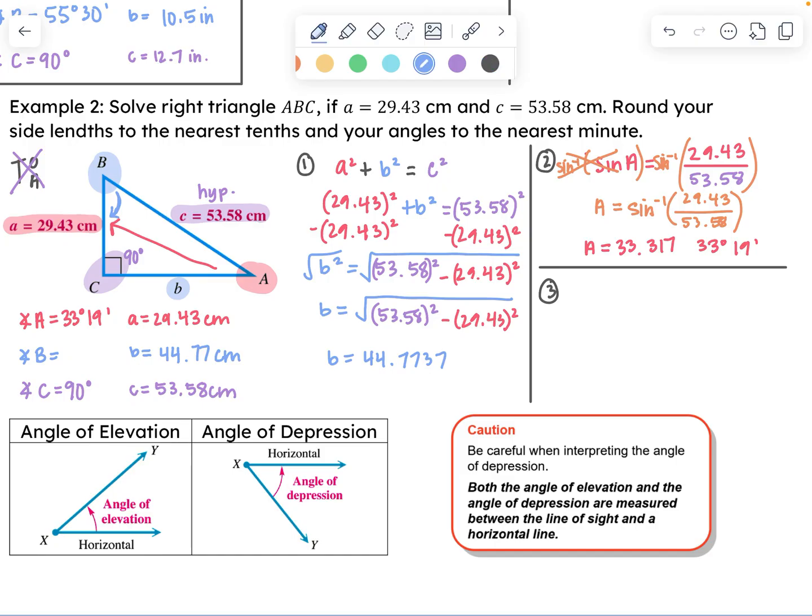So I'm going to say that the cosine of B is equal to that same 29.43 over 53.58. And I'm going to do the same inverse trig, but now it's the inverse cosine. So it cancels out here, and I get that B is equal to the inverse cosine of the fraction.